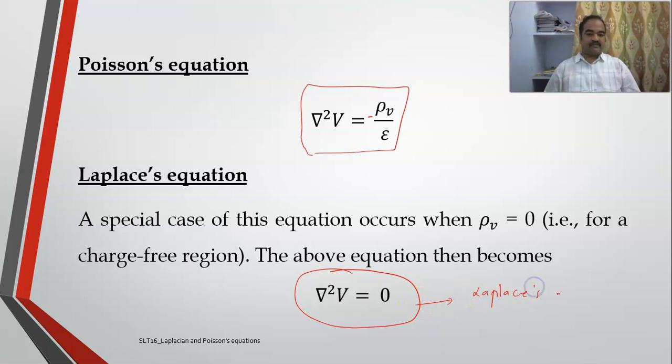These are the two equations generally employed to determine the fields. How to apply them, we will see in the next video lecture. I hope that now you are able to identify what Poisson's equation and Laplace equation are. They are very simple equations. Del squared V is equal to minus rho V by epsilon, whereas del squared V is equal to 0 if the region is a charge free region.